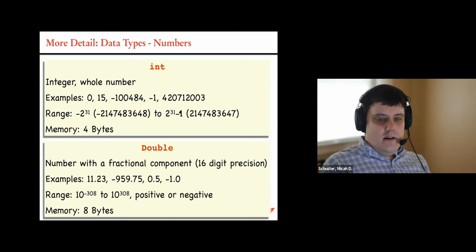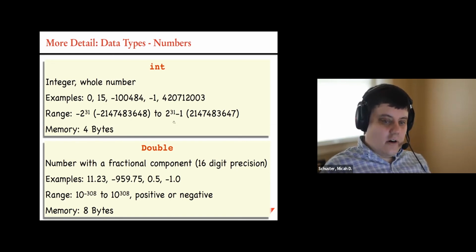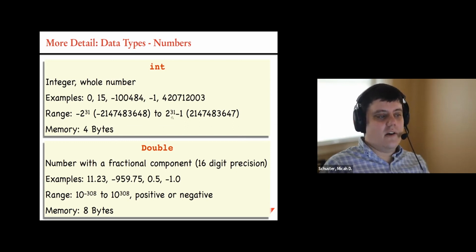The minus 1 comes in because 0 is also one of these values, because 2 to the 0 is 1. So there's no place for 0 here if we just use this 2 to the 31 values. So we keep 0 on the positive end. So that's why we only go to 47 here, where the negative goes to 48.